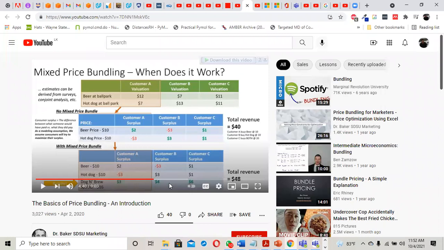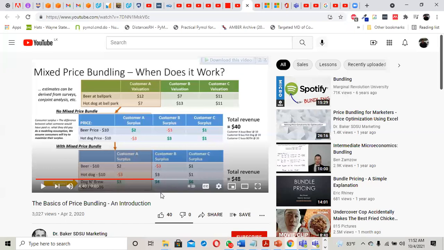Now all three of them are going to buy it, because if you look at the valuation they had in their mind, buying it for 16 is more profitable for them. That is what they think. But total revenue now is $48 from these three customers. Earlier, it was only 40. So from the company's point of view, it's good for the company.